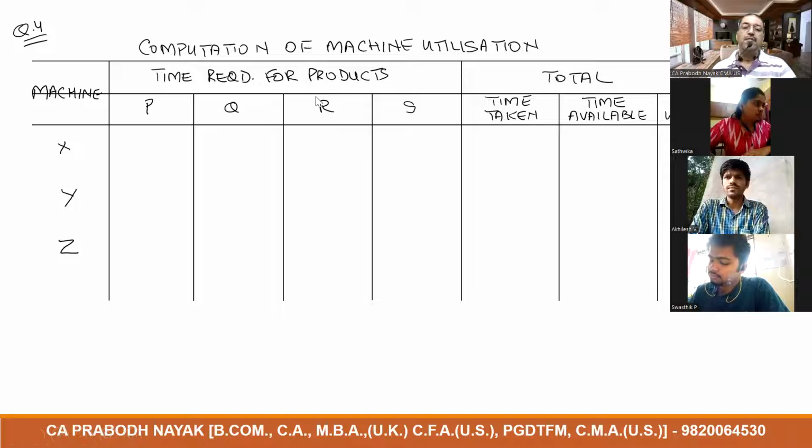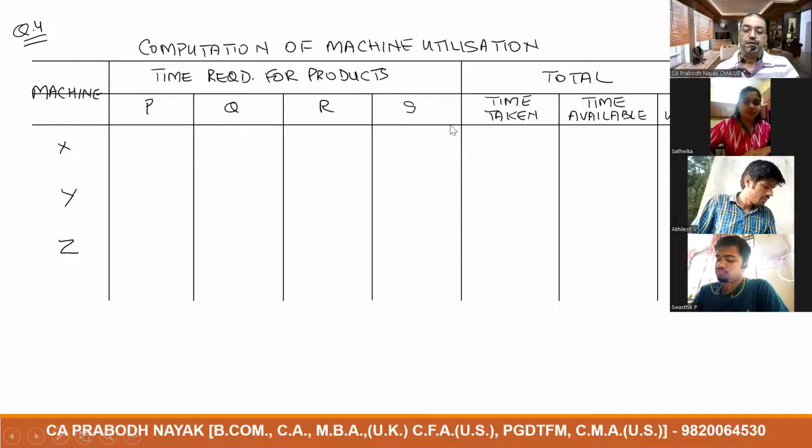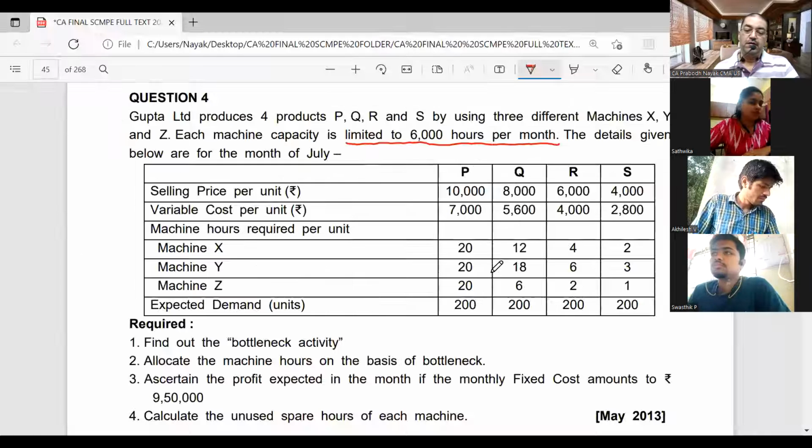Now, time required for the 4 products. How to calculate? Let us go back to the question. If I'm talking about machine X, let us look at the row 1, the entire machine X row. How to calculate the time required for each product? 20 into 200.